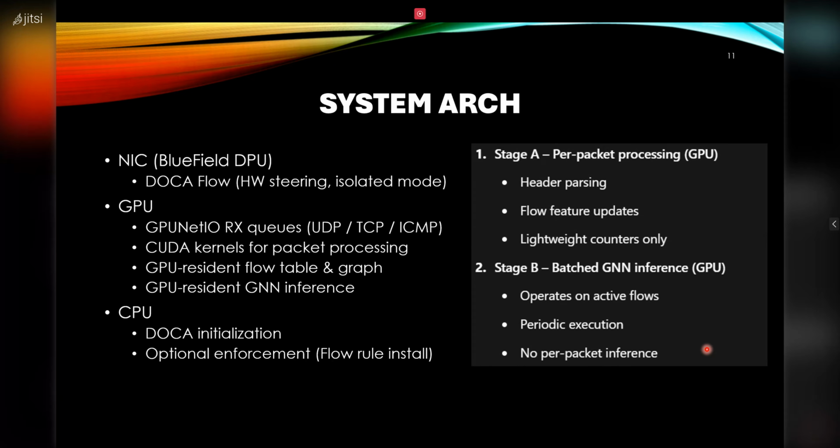No per-packet inference is involved here, to save the GPU and the ARM processor, because we have a very limited processor and we have to avoid the bottleneck of sending too many requests to the ARM processor.